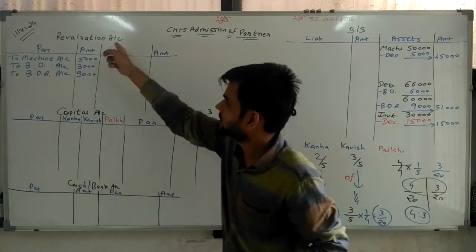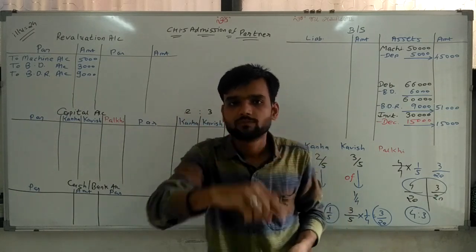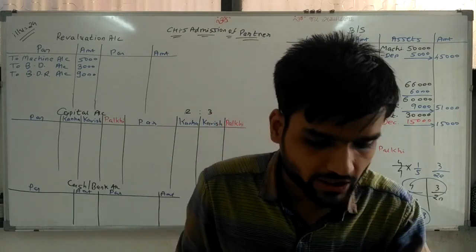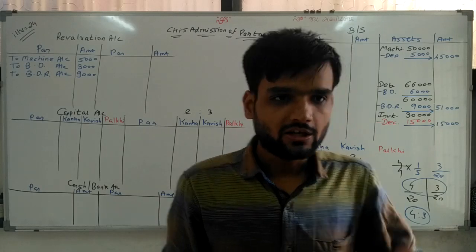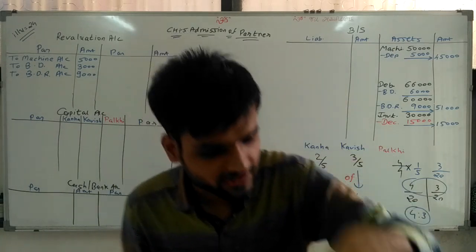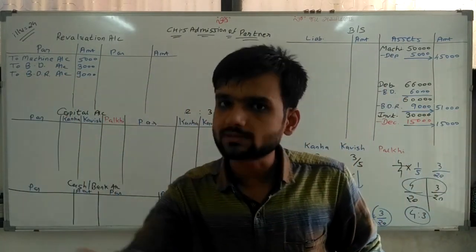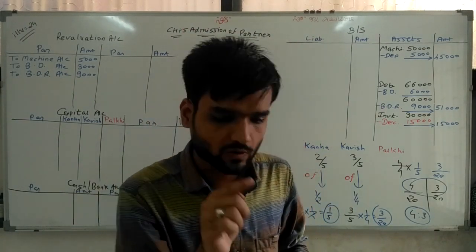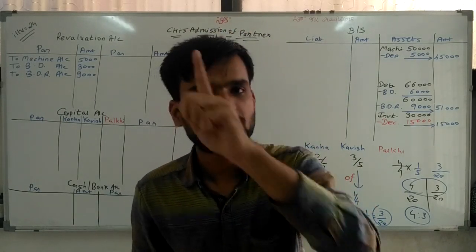So are we debiting it to revaluation account? No, never. Why, sir? Because on the liability side, investment reserve is given. Now why is investment reserve created actually? If investment value decreases, then we use this reserve. Name of reserve is investment reserve. Whenever investment is lost, the lost amount is covered from investment reserve. Now investment reserve is 12,000 given in your balance sheet liability side.